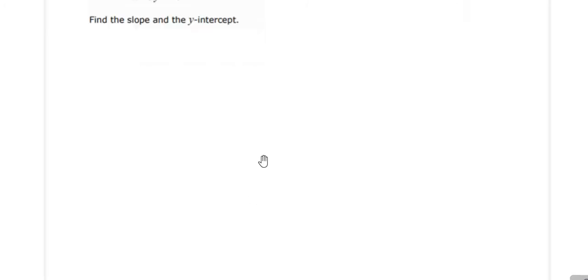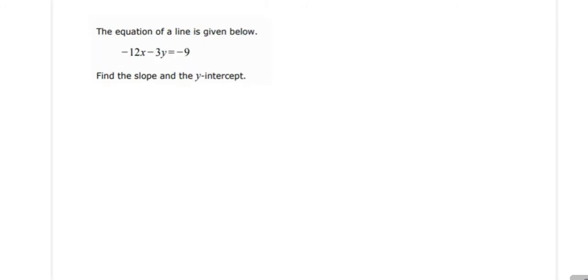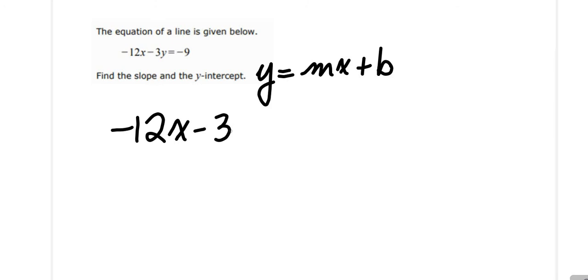It says the equation of the line below is negative 12x minus 3y equals negative 9, and you want to find the slope and the y-intercept, which means we want to change it to y equals mx plus b. So I have negative 12x minus 3y equals negative 9.